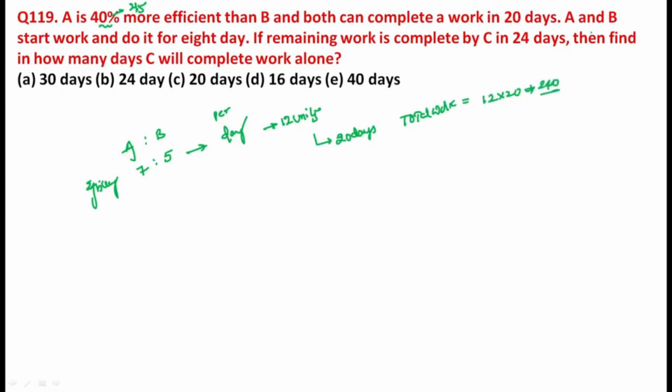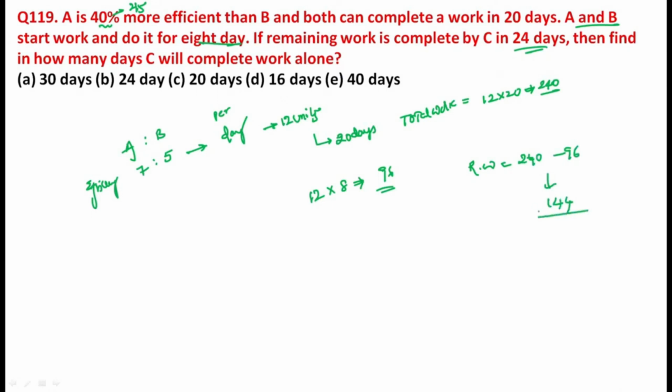The next information: A and B start the work and do it for 8 days. They are doing 12 units per day, working for 8 days, so they have done 96 units. The remaining work is completed by C in 24 days. The remaining work means 240 minus 96, so the value becomes 144.